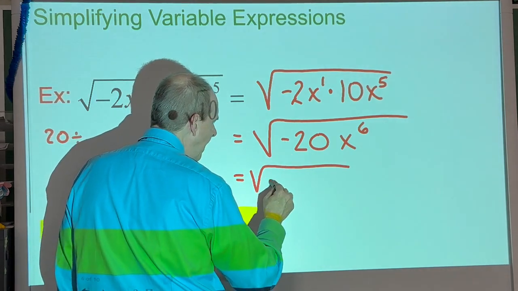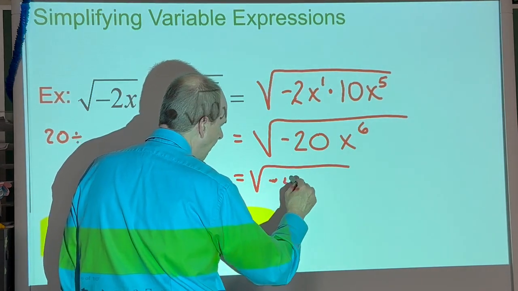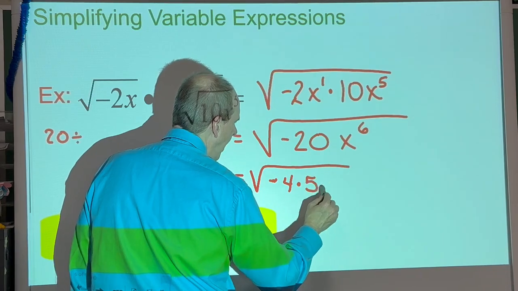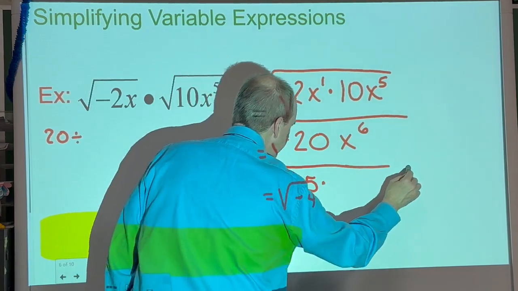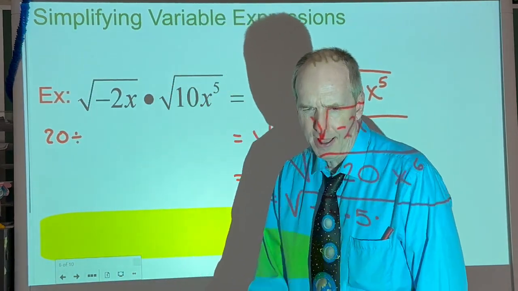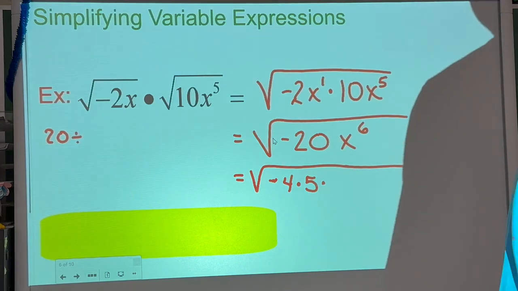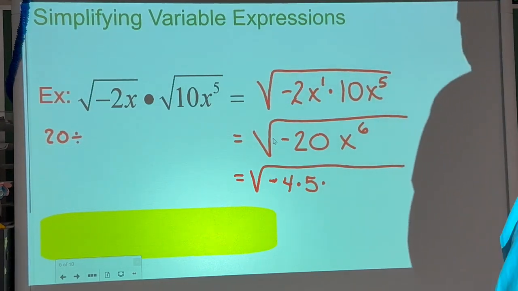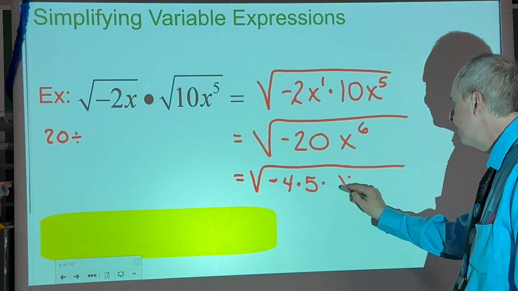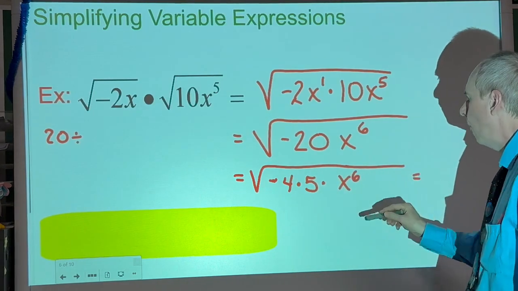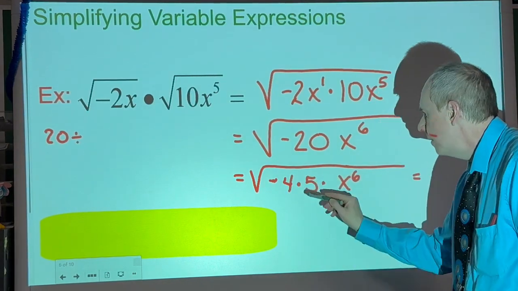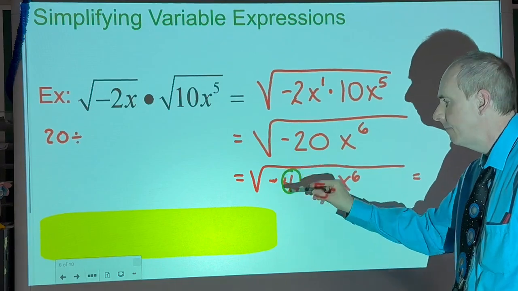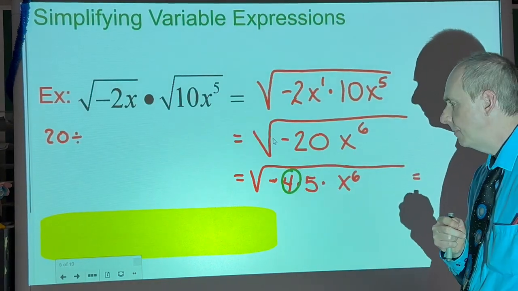So we have a negative 4 times 5 times, well, let's see how many x's we have. You got 6 x's, right? What's the square root of 4? 2.